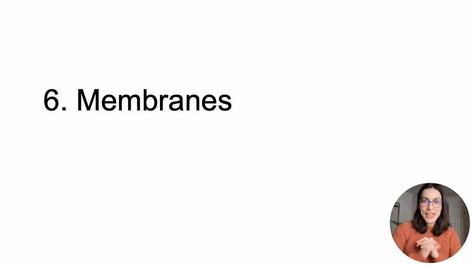There are just a couple of things to bring all of this together and finish up the chapter. I want to take another few minutes to talk about membranes of the body.